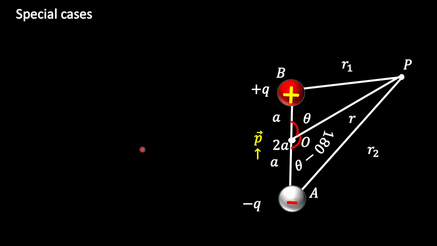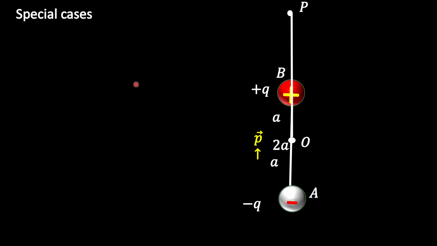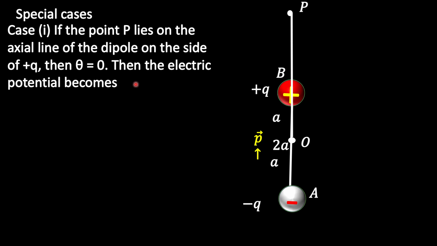Now we see some special cases, that is, how theta affects this electrostatic potential. If theta is equal to 0, the point P lies on the axial line of the dipole on the side of the positive charge. Here theta is equal to 0 degrees, so cos 0 is equal to 1.